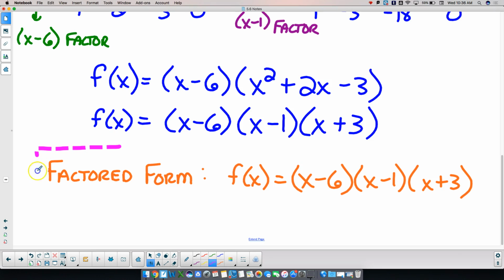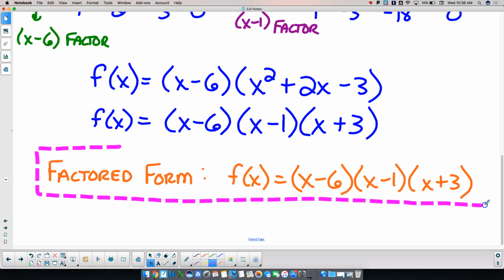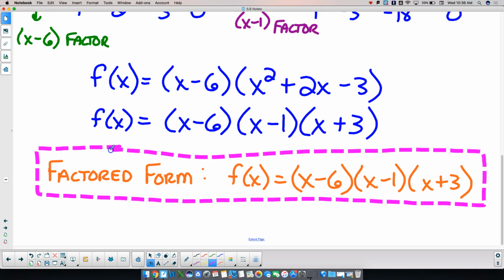Bonus question. What are the zeros of this function? 6, 1, and negative 3. Okay. The 3 zeros of this function are 6, 1, and negative 3.